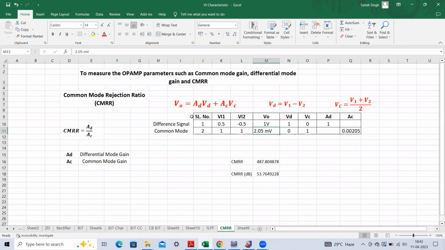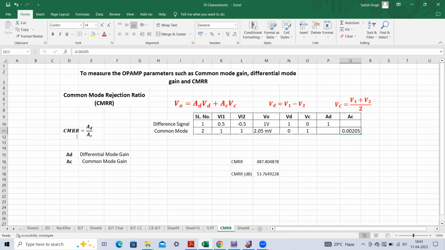Now, again, you have to follow this particular expression, because V output is coming out as 2.05 millivolt and the difference signal is 0. So this expression will become V output equals AC into VC. And we know that VC is equal to 1 volt. So this V output directly will become the common mode gain AC. Here I have calculated this common mode gain AC as 0.00205.